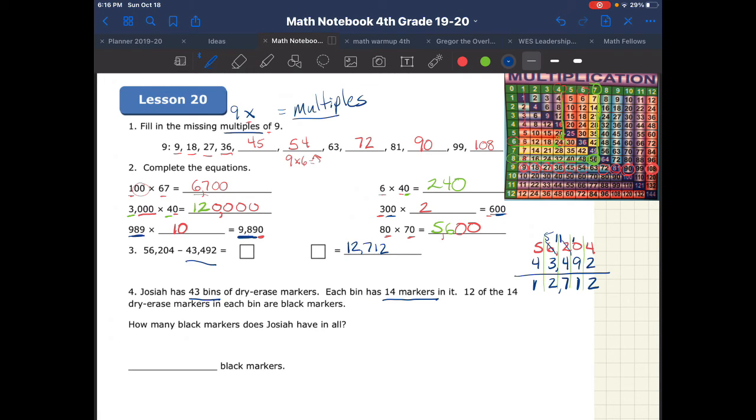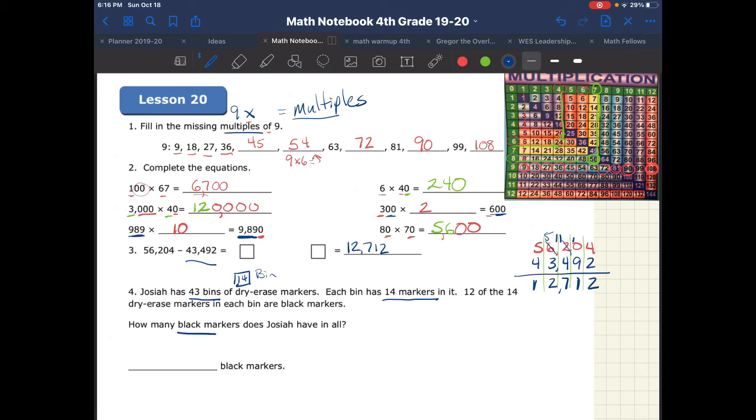So I've got a bunch of bins of dry erase markers. There's a bin. 43 of these bins. And each bin has 14 markers in it. Okay, 14 markers in a bin. 12 of the 14 dry erase markers in each bin are black markers. Okay.